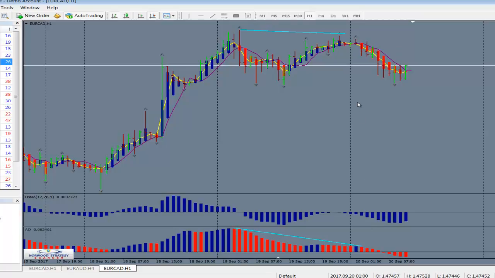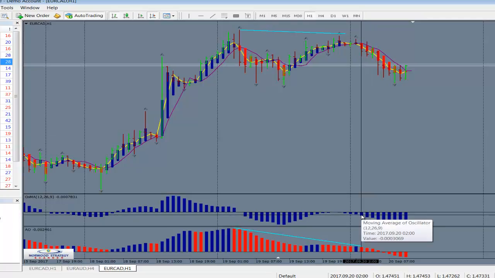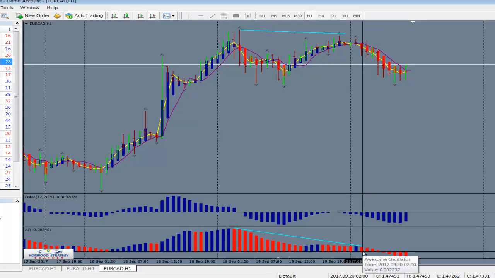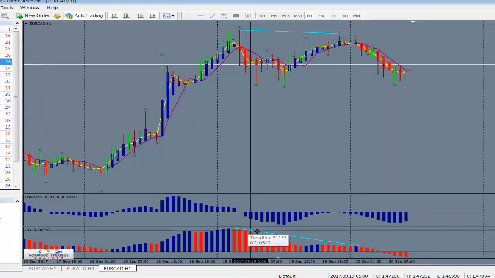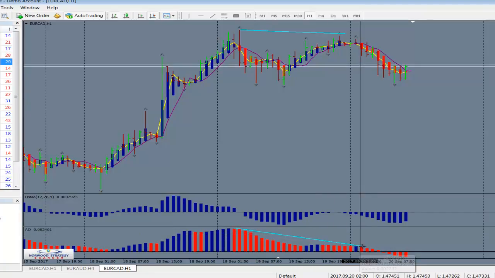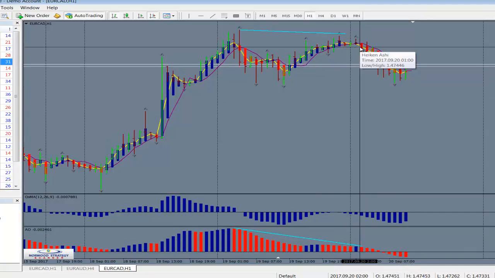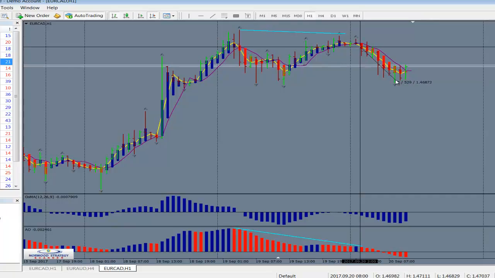This is not true divergence, but it's an example that the momentum is stopping. It's slowing down. You see a change. You see the momentum is slowing, going to the zero line. So right in here, the market told you potentially you're going to have a correction.